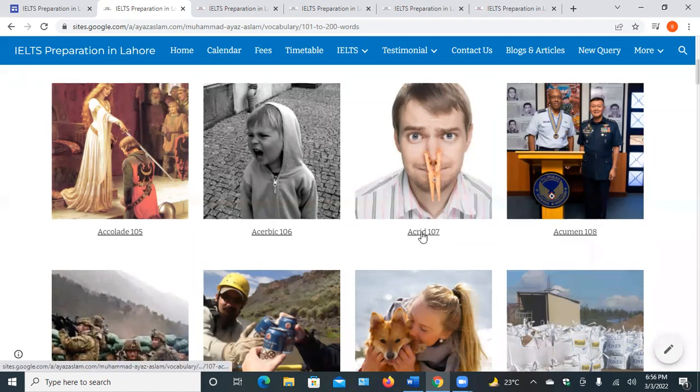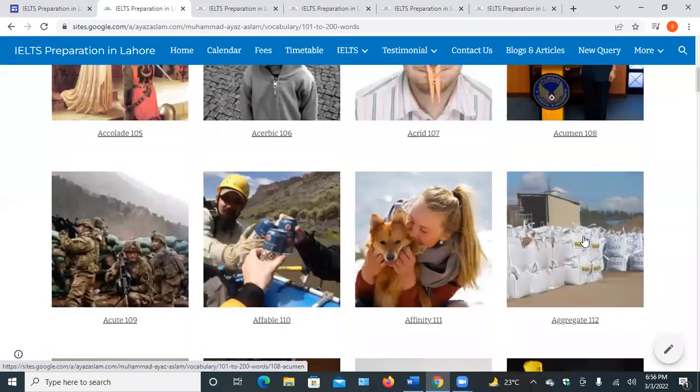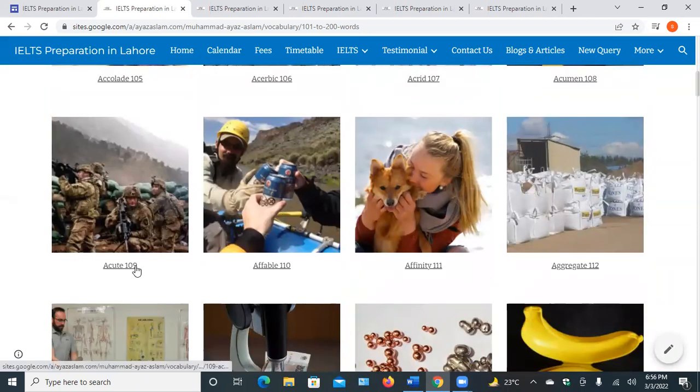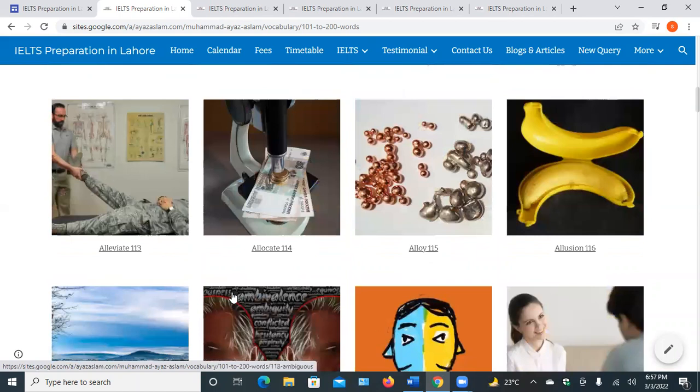The next word is acrid, acrid smoke. Acumen, skillful. Acute, it means sharp. Affable, amiable. Affinity, it means emotional attachment. Aggregate, it means total, sum of something. Alleviate, it means reduce, decrease.